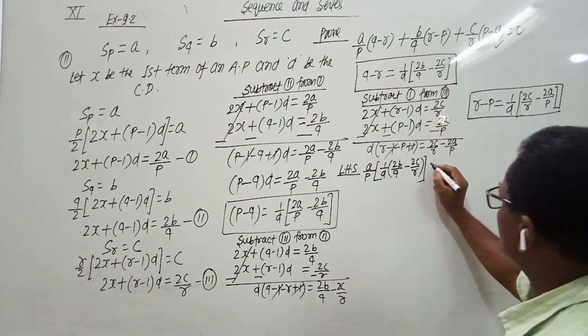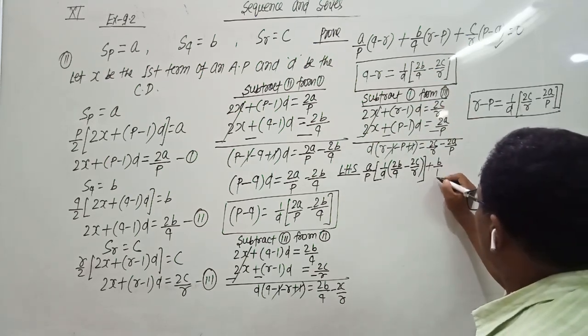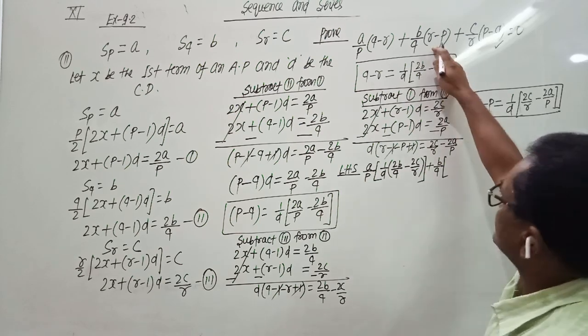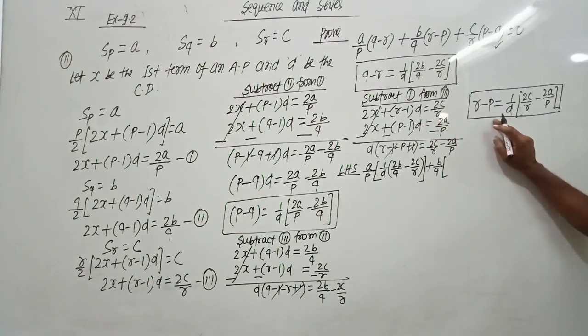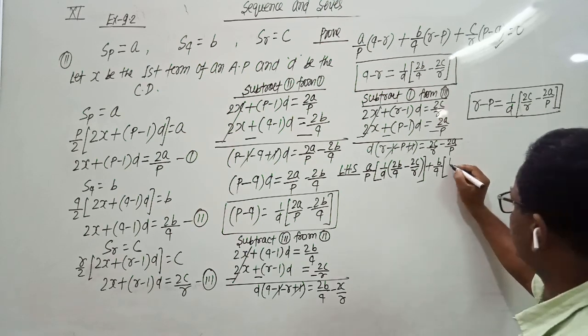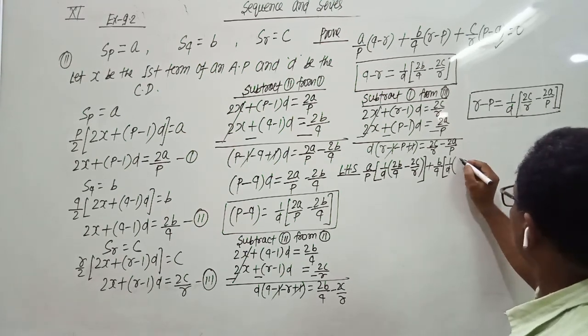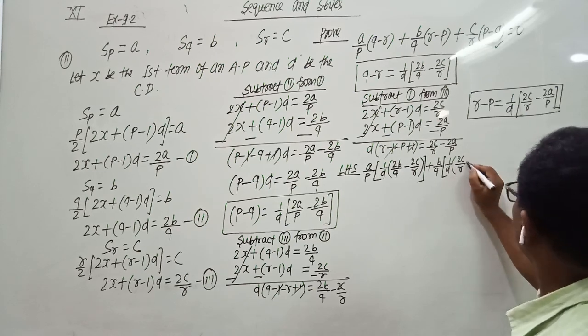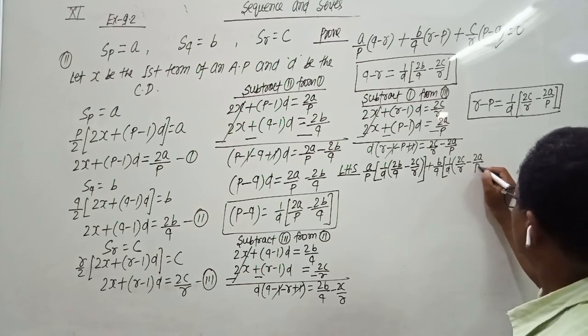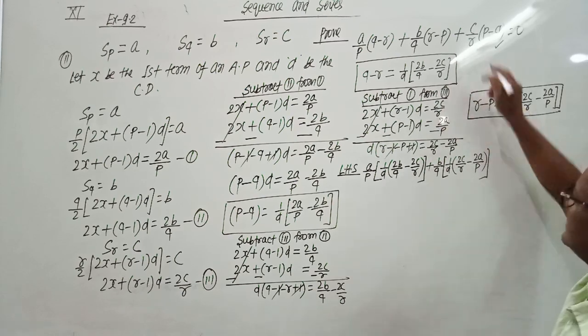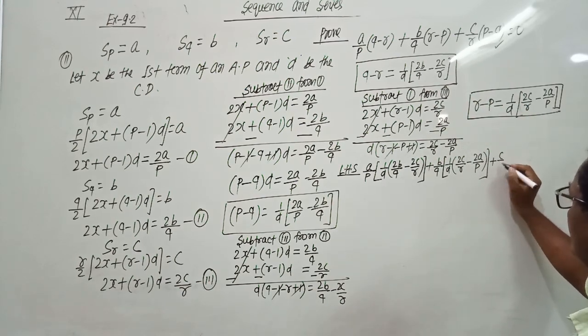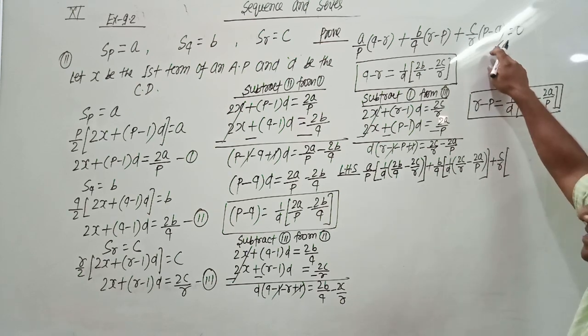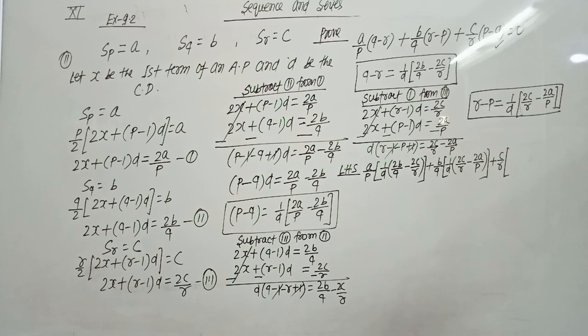Then plus B/q, and in place of r - p we put 1/d (2C/r - 2A/p). Then plus C/r, and in place of p - q we put 1/d (2A/p - 2B/q).